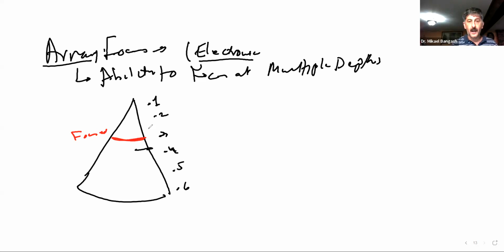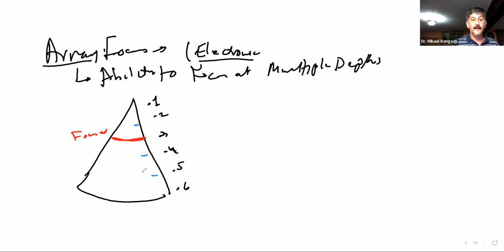You say, I want to not only be focused at 3 centimeters, I also want to focus at more than one point at this time. So you can focus at 2 centimeters, you can also focus at 4 centimeters, and you can say, let me focus at 5 centimeters.